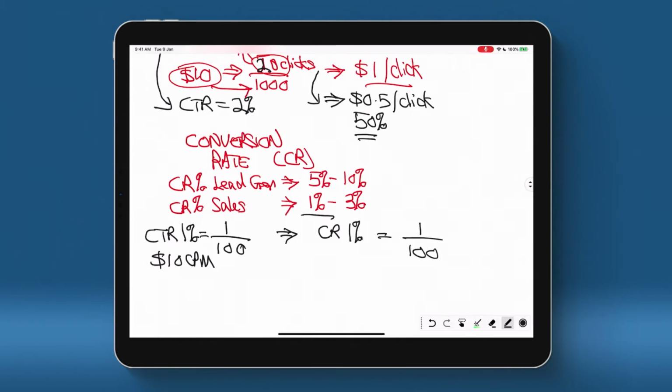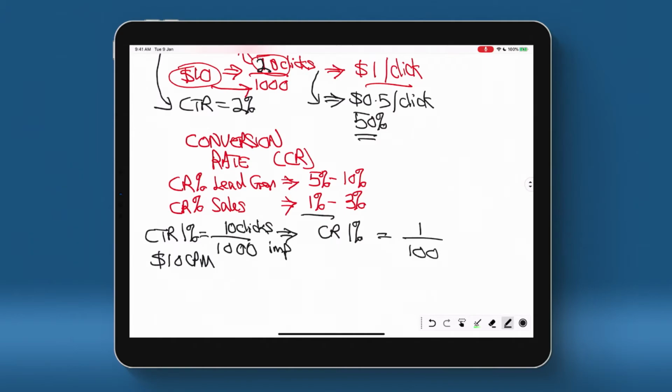CTR of 1% equals 1 click out of 100 impressions, or 10 clicks for 1,000 impressions. This is where we are.